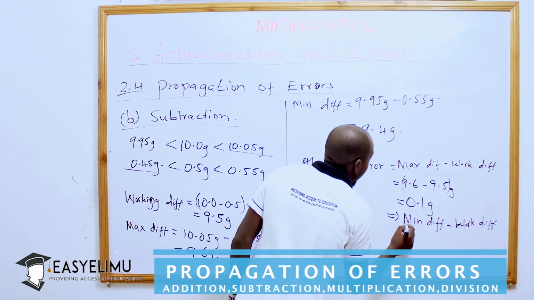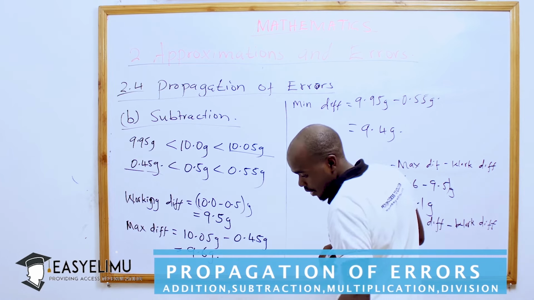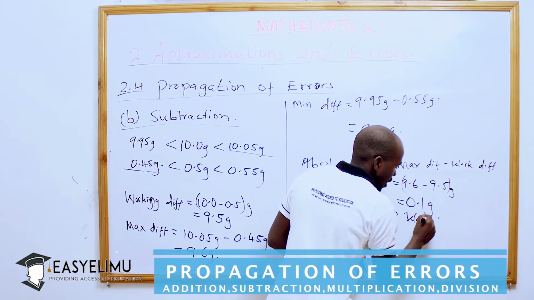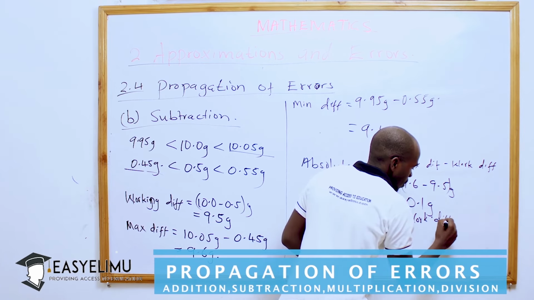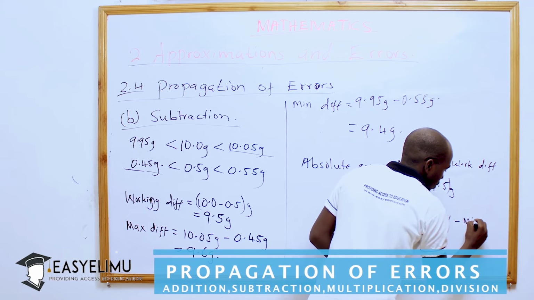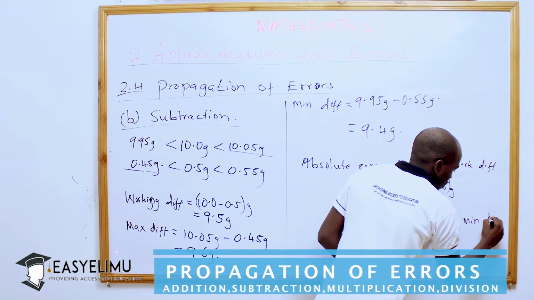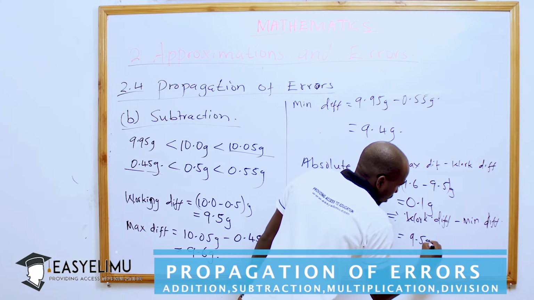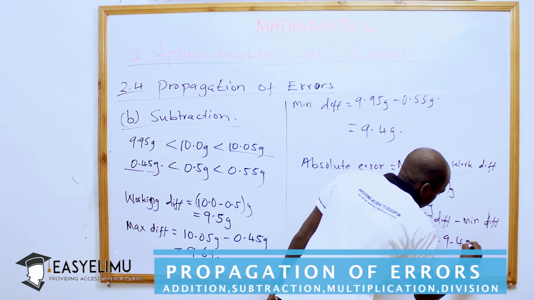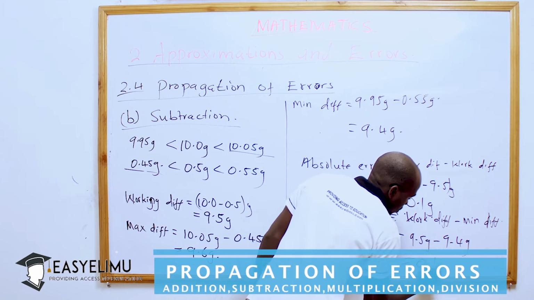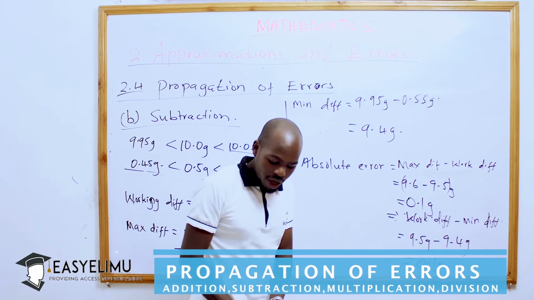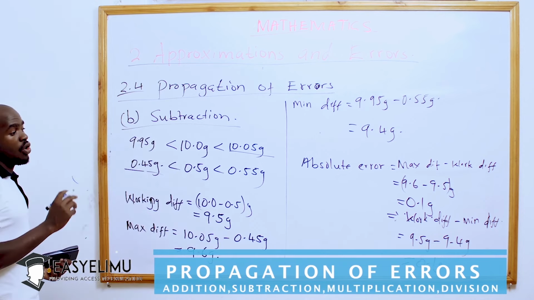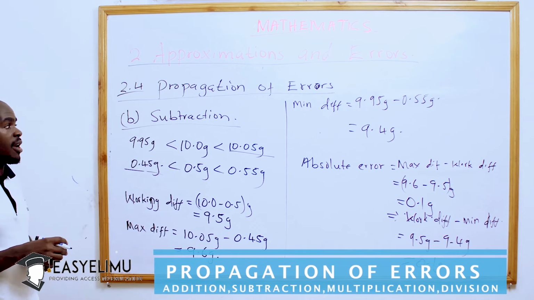Let's start with the other way around. Working difference minus minimum difference, and you will find this one is 9.5 grams minus 9.4 grams, and you're going to get this one as 0.1 grams. So we have found the absolute value in either case is the same, so is 0.1 grams.